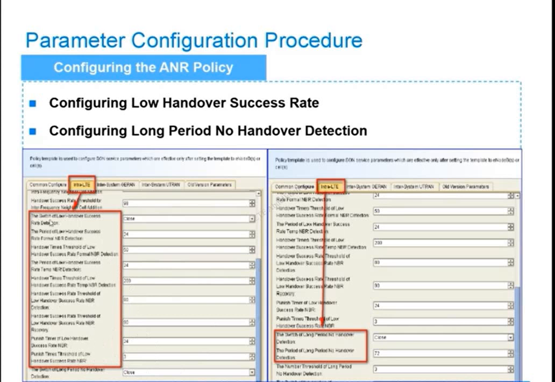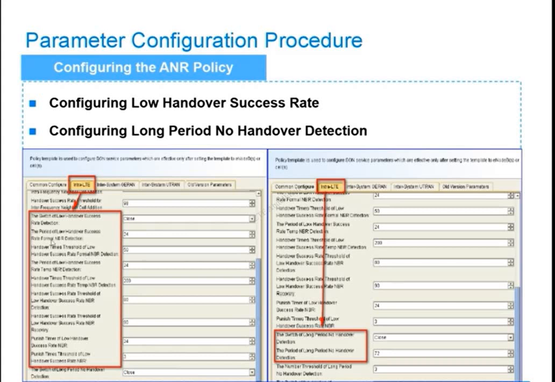The switch of low handover success rate detection: if we close this switch, all these parameters are invalid and it will not detect low handover success rate. When we open the switch, it will detect during the statistical period. If we find some neighbor cells with handover success rate lower than this threshold, we will delete this cell.